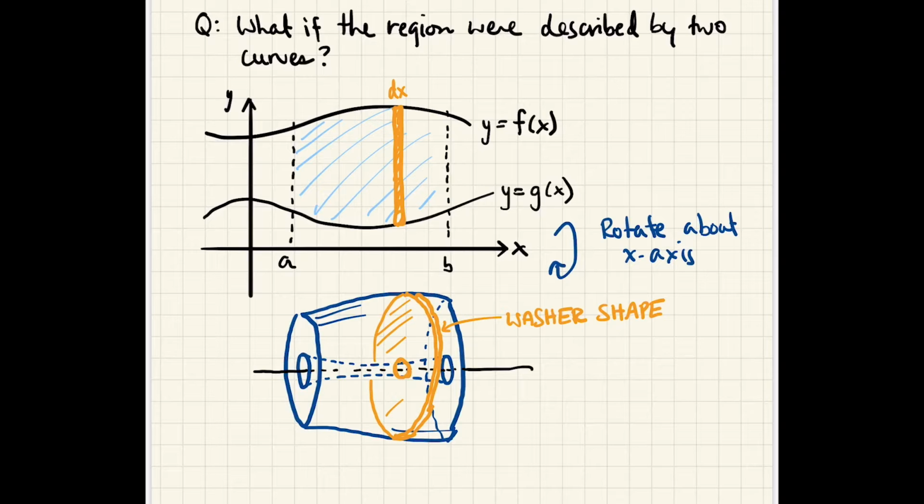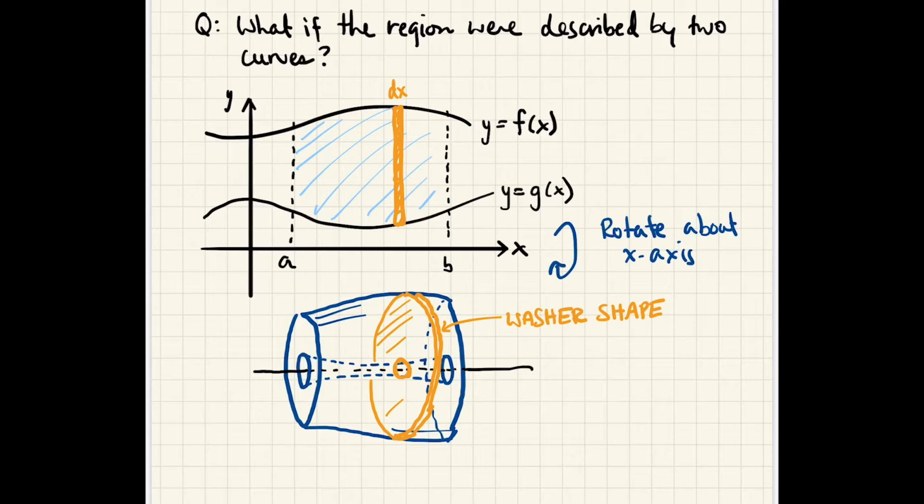So just as we did before, what we're interested in is the volume of that washer, and then we'll just throw an integral in front of it to add up all the infinite number of little washers that line up to form the actual solid. So, okay, what is the surface area of that washer?